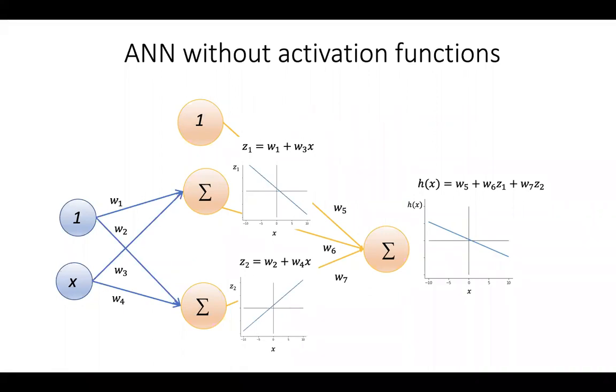To illustrate this, let's take a look at a very simple multilayer perceptron, where we have as an input one feature, one dummy feature, 2 hidden neurons and one output neuron. But in this case, we will have only weighted sum computations without any activation function.